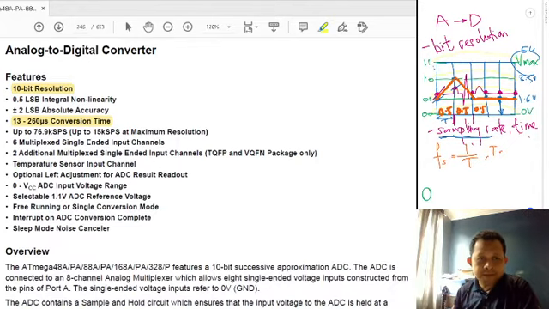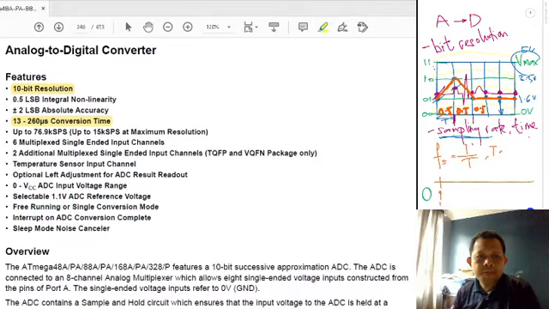Just to make it clear, this is the timeline and this is the first conversion. At this point we give the instruction for the ADC to convert from analog to digital. So this is number 1.